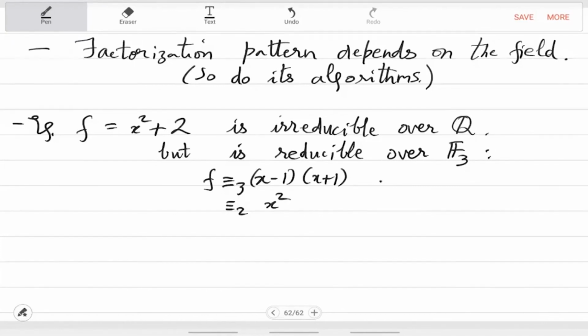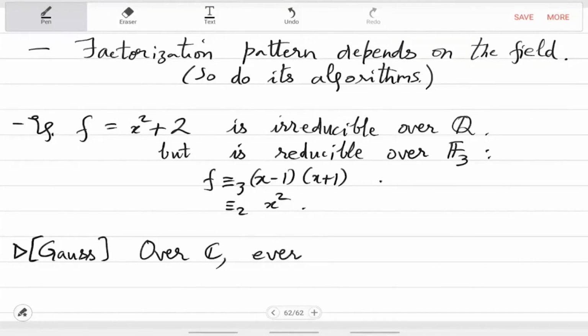So do you know a field where every polynomial factorizes? This is another fundamental theorem, in algebra or analysis, one of these two, proven by Gauss: over the complex numbers, every polynomial factors. Do you know the proof of this?